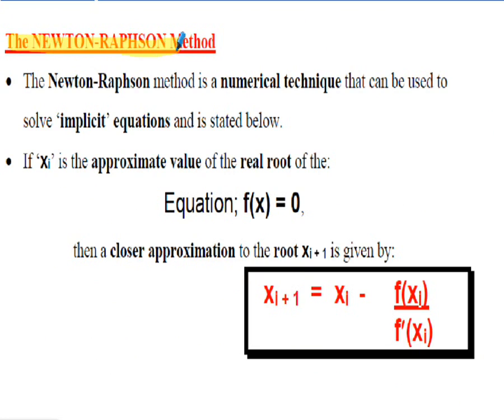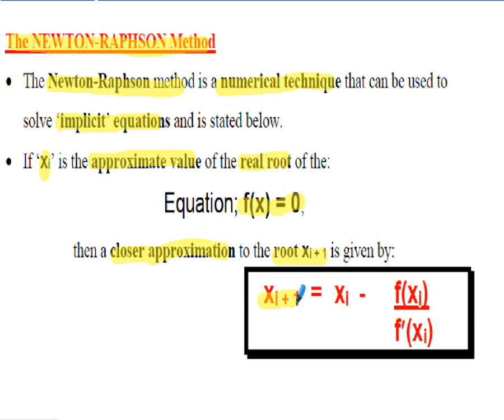The Newton-Raphson method. The Newton-Raphson method is a numerical technique that can be used to solve implicit equations, as stated previously. If xi is the approximate value of the real root of the equation f of x is equal to 0, then a closer approximation of the root, xi plus 1, can be given by the formula here.